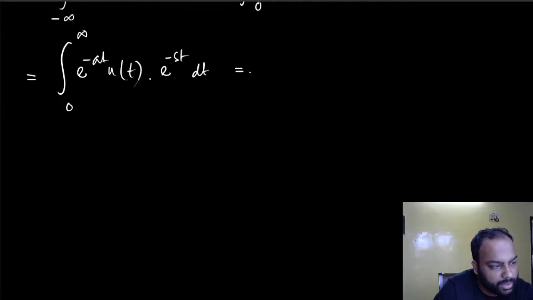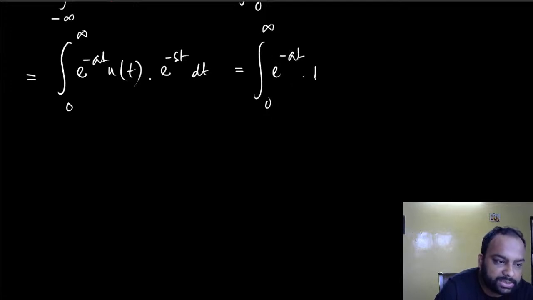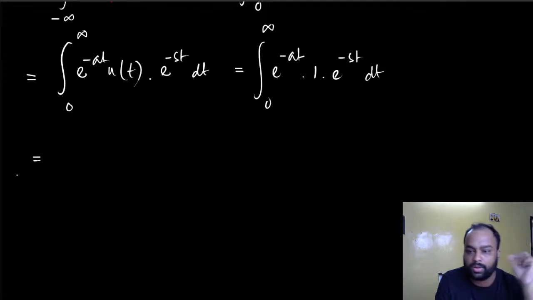So this is going to be 0 to infinity, and within that limit ut is 1, and this is e to the power minus st dt.